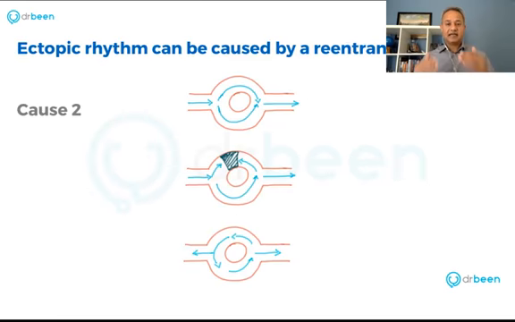Now, second cause of the ectopic arrhythmias. That second cause is the reentrant current. So in this diagram, look at the first diagram, the first circuit, and what's happening here is that the current is coming from one direction, then somehow it splits in this tissue, and by the time the impulse reaches here, the tissue is in the refractory state and it just continues on.